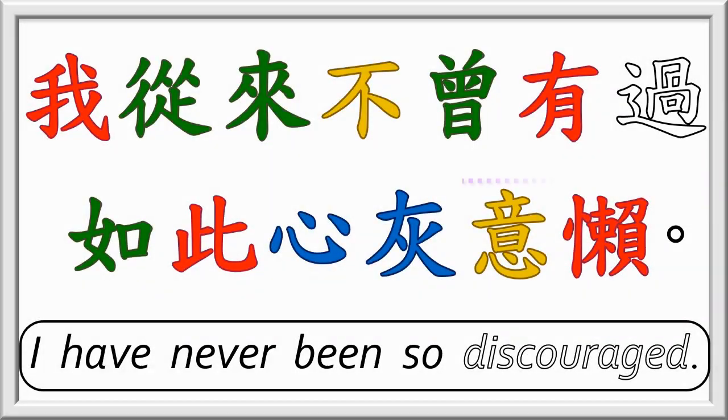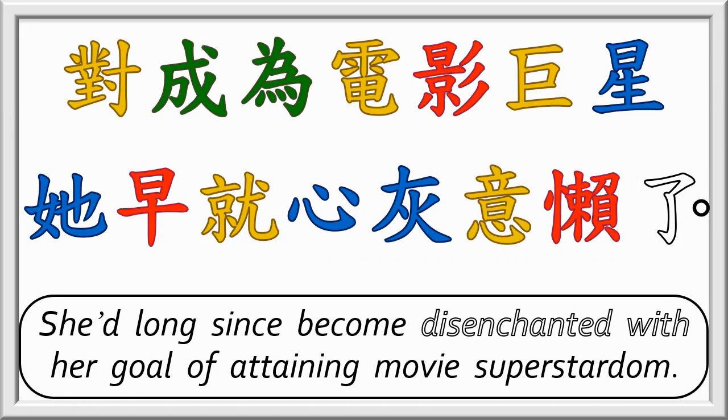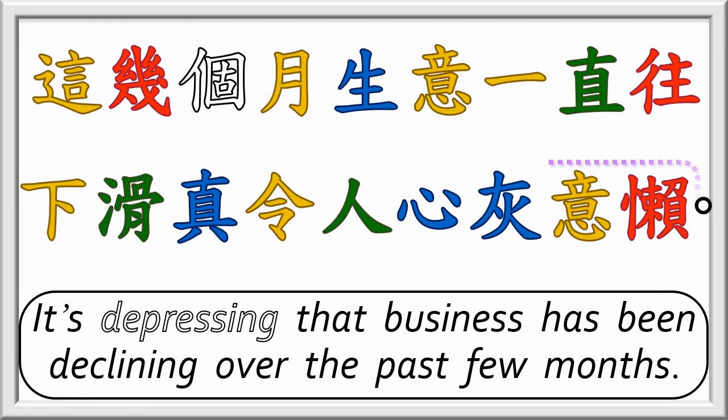When a person's hopes cool down, they naturally become too lazy to act on them. 我从来不曾有过如此的心灰意懒。I have never been so discouraged. 对成为电影巨星，她早就心灰意懒了。She had long since become disenchanted with her goal of movie superstardom. 这几个月生意一直往下滑，真令人心灰意懒。It's depressing that business has been declining over the past few months.